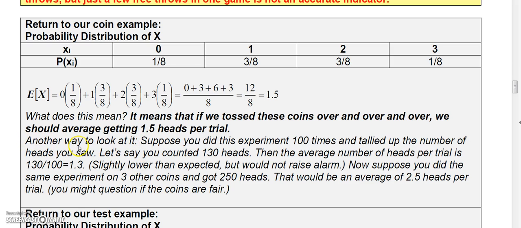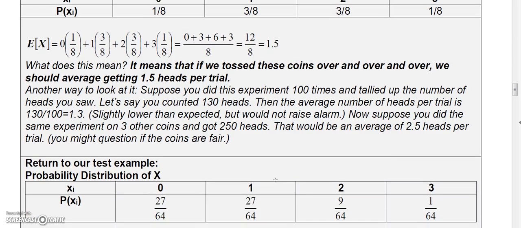And another way to look at it, suppose you did this experiment 100 times and tallied up the number of heads you saw. Let's say you counted 130 heads. Then you would simply say the average number of heads per trial is 1.3, 130 divided by 100. It's slightly lower than expected, but it really wouldn't raise an alarm. But again, if you got 2.5 for your average, then you might question if the coins are fair.